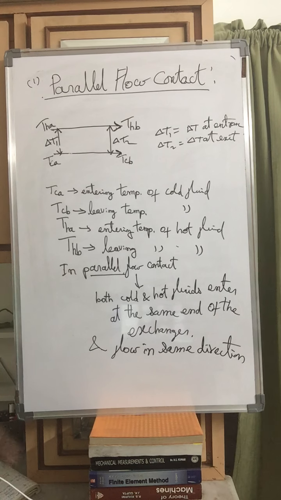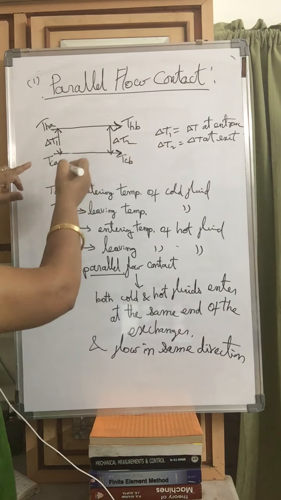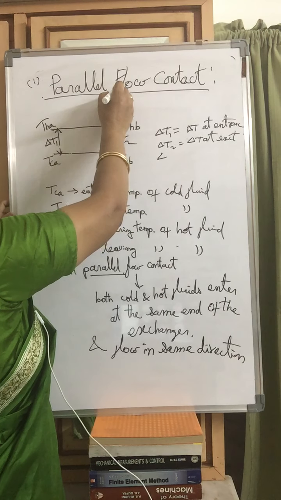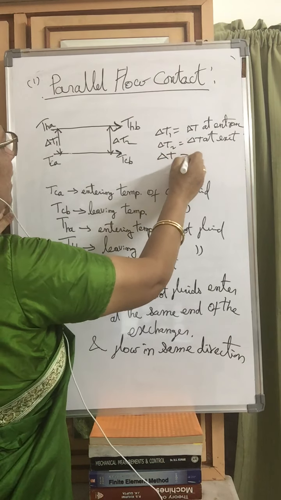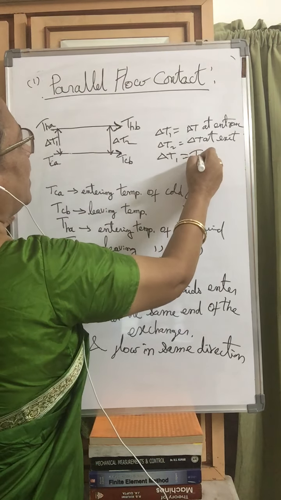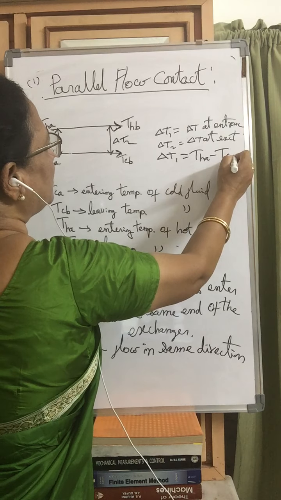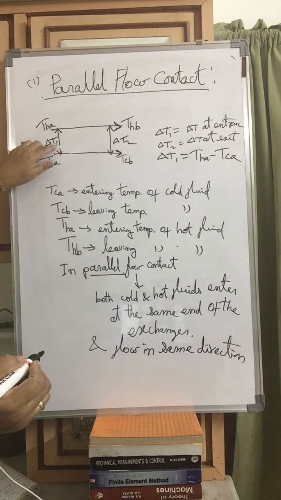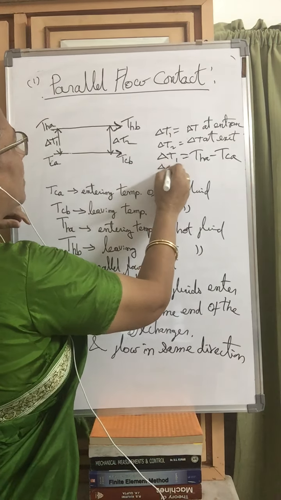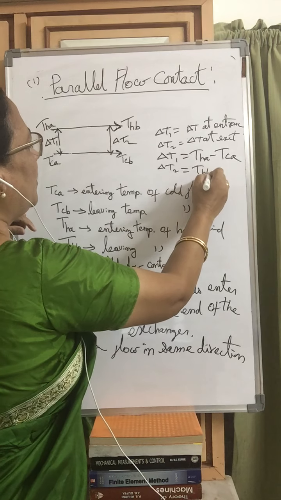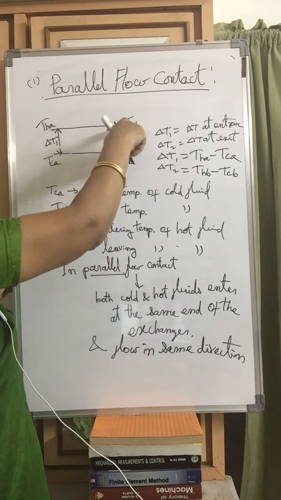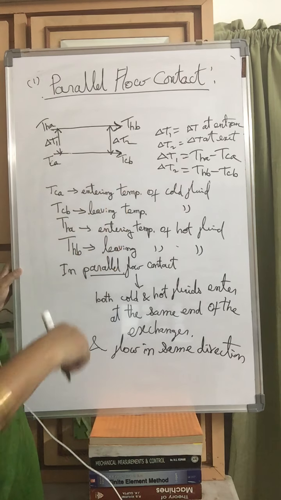So what is delta T1 in this parallel flow? We are discussing parallel flow. Delta T1 equals THA minus TCA. And delta T2 equals THB minus TCB.